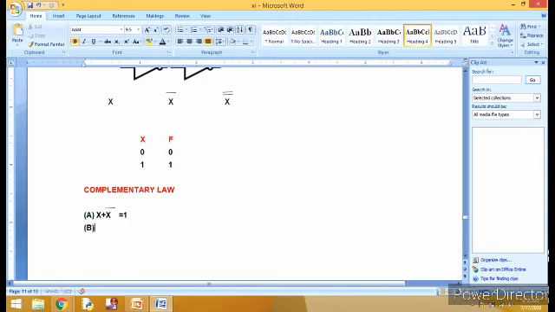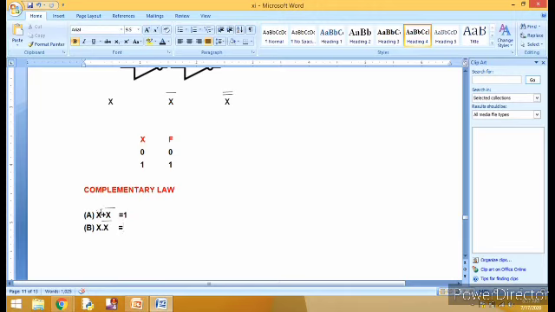And second, if the input is x, OR the other input is x dash. If I say 0, look at what happens here.